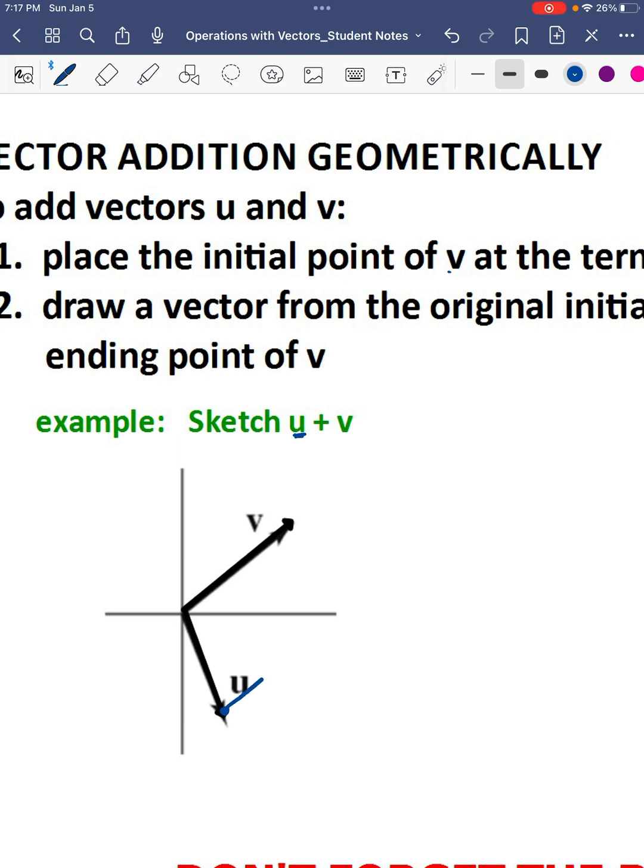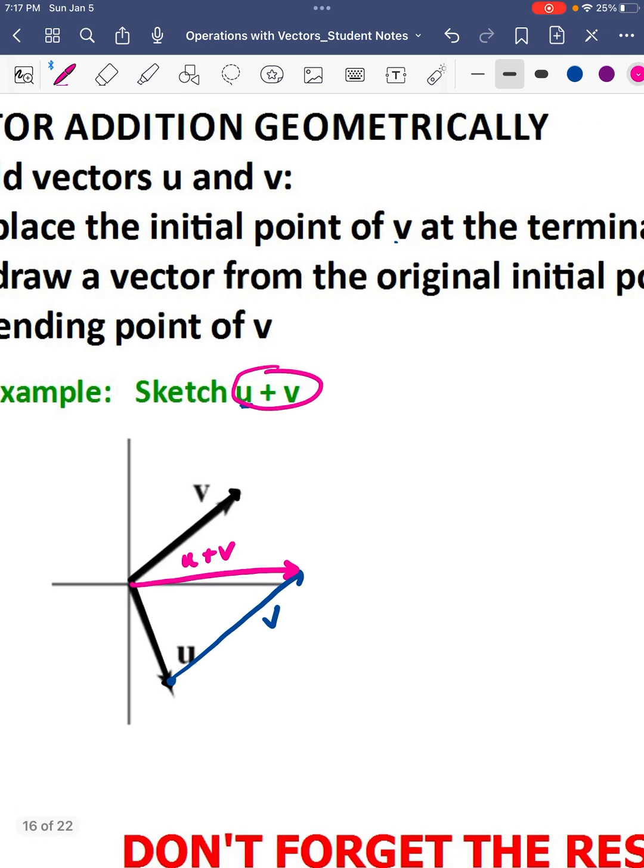I'm going to make a copy of that vector v. So there's v. Then u plus v would be from the origin where u started to the end of where v ended. That would be u plus v. So the pink is our resultant vector. And that would be the answer to something like u plus v.